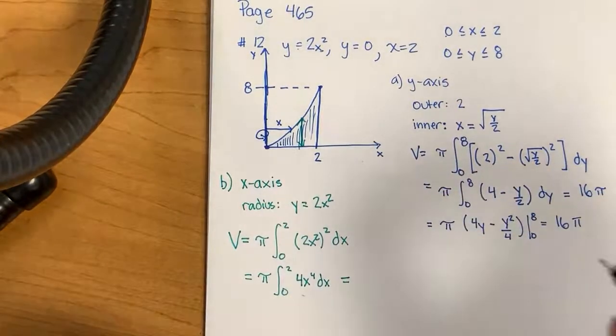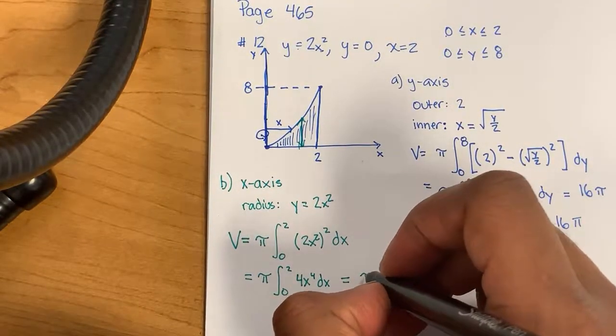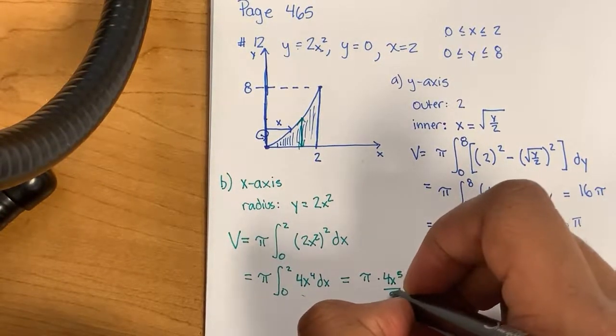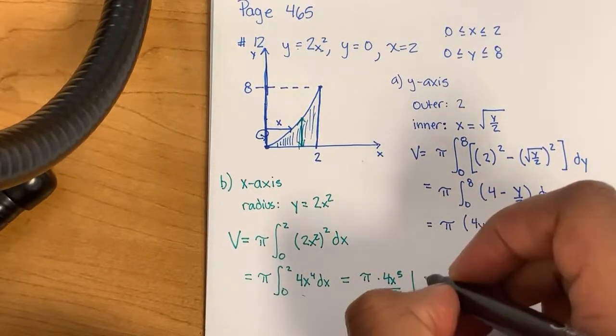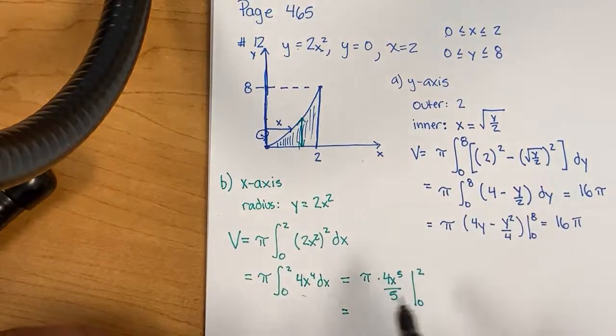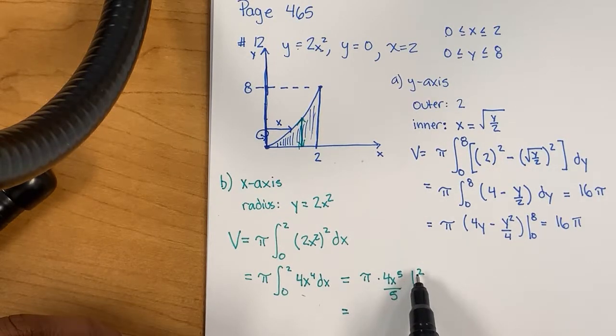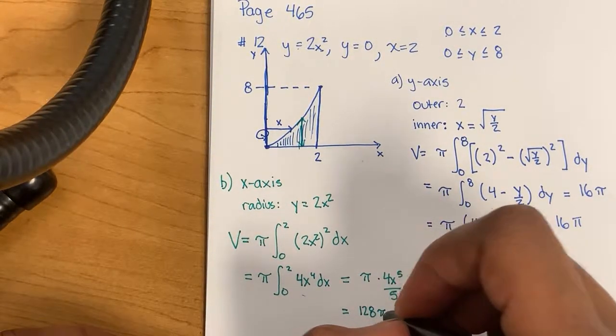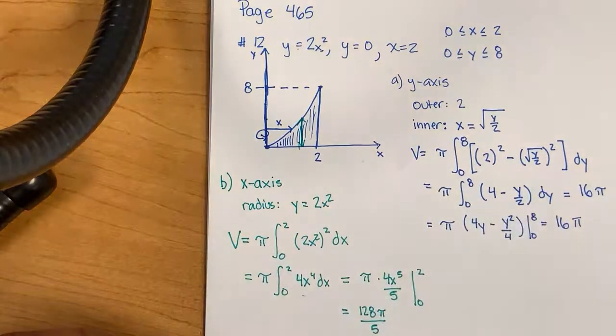And if we integrate that, we would get pi times 4x to the fifth over 5 evaluated from 0 to 2, which if we substitute in, 2 to the fifth is 32. 32 times 4 is 128. So we get 128 pi over 5.